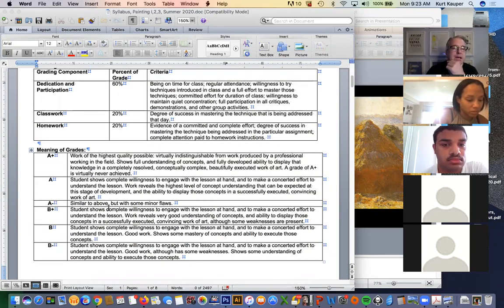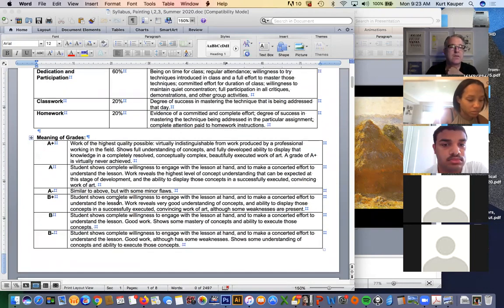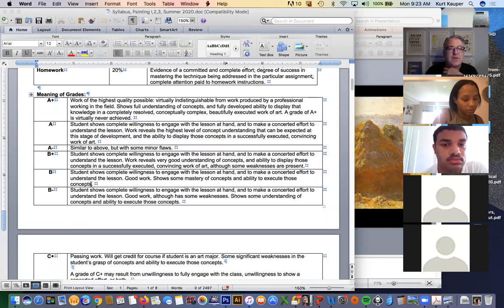Okay, so this is where I give the meaning of the grades, and I indicate that in this information. Again, the first element in these strong grades is, I just repeat this sentence, student shows complete willingness to engage with the lesson at hand and to make a concerted effort to understand a lesson. So again, basically how hard you work to understand what we're covering in class and to make a work of art that shows your struggle to understand that.